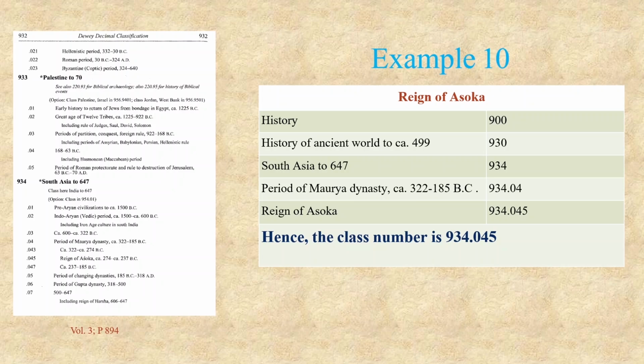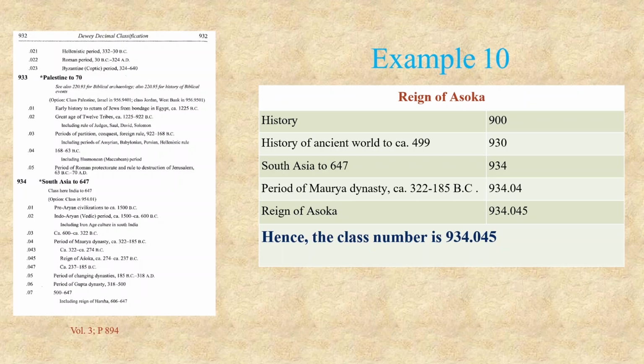As with the previous title, we check whether any ready-made class number is available, so we have to check the schedules. History of the ancient world falls under 930. History of South Asia, which covers India, Nepal, Bhutan, Bangladesh, Pakistan, Sri Lanka and Maldives, is classified under 934. Then the Maurya dynasty, circa 322-185 BC, is classified under 934.04.